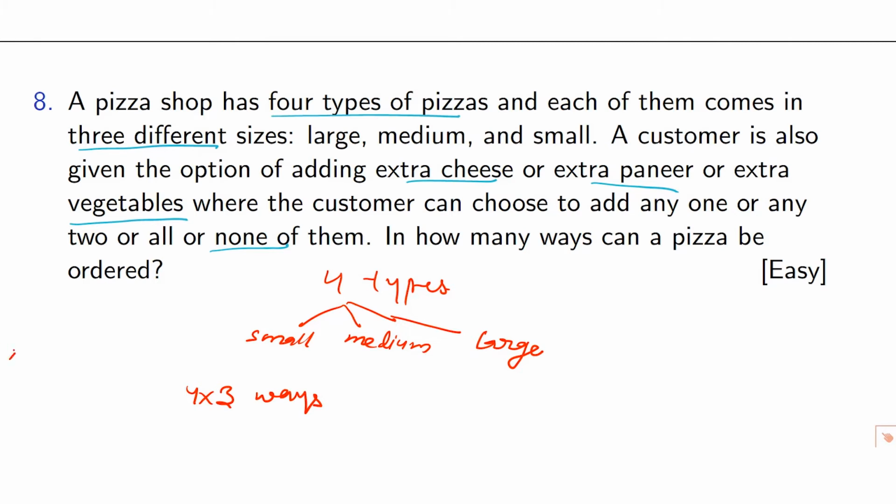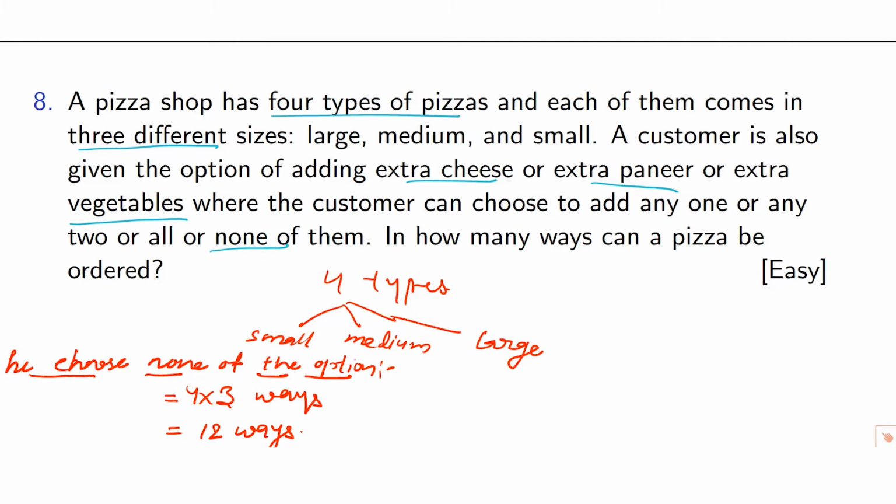So if he chooses none of the given options, then the number of ways he can order the pizza will be 4 into 3. That will be 12 ways.